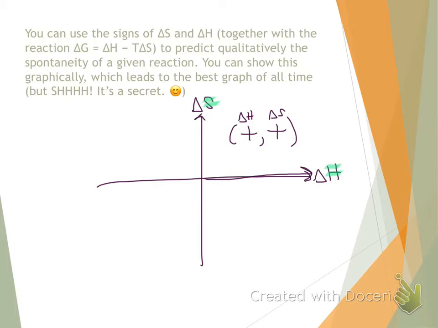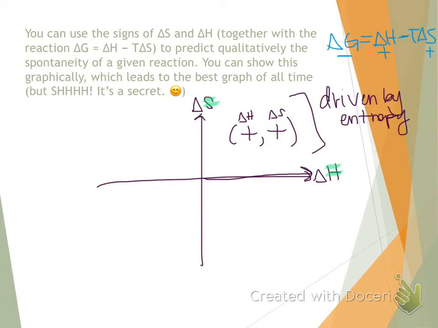So if this reaction is spontaneous, it's going to be driven by entropy. And again, it would be driven by entropy because positive delta S is favorable to nature, whereas positive delta H is not. If this reaction is spontaneous, though, it is temperature dependent.